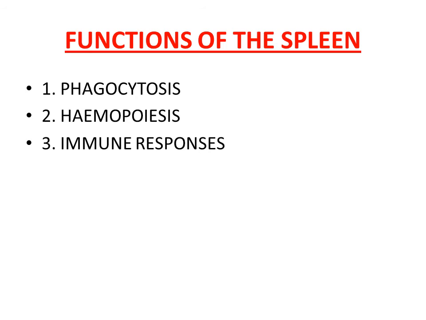Under antigenic stimulation, there is increased lymphopoiesis for cellular responses and increased formation of plasma cells for humoral responses. And fourth is the storage of RBCs. RBCs can be stored in the spleen and released into the circulation whenever needed. This function is better marked in animals than in man.